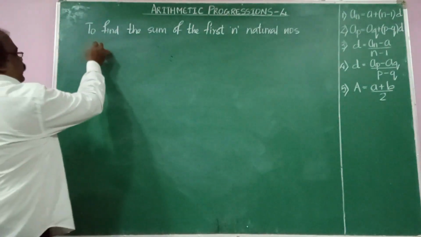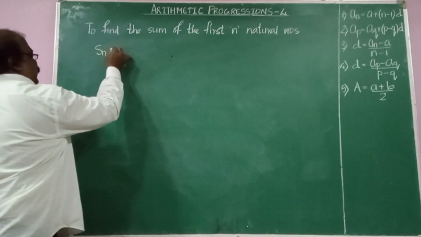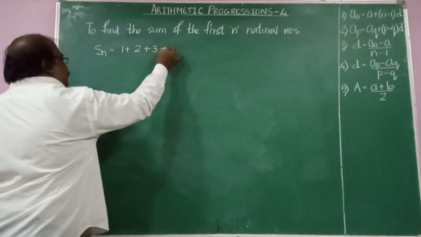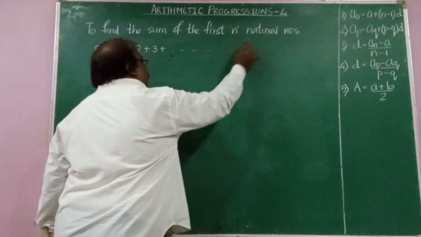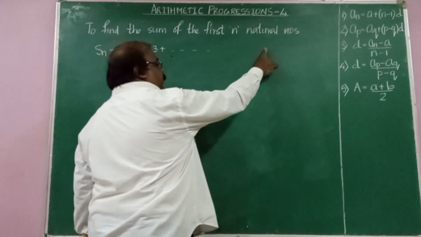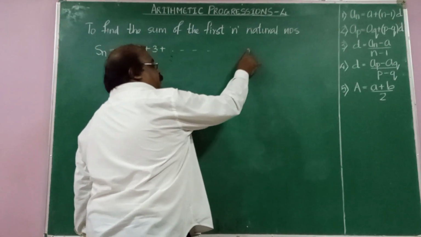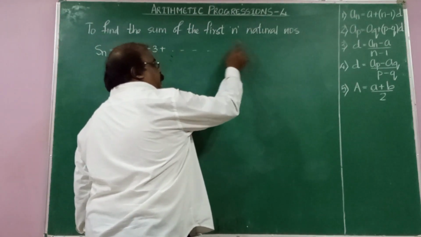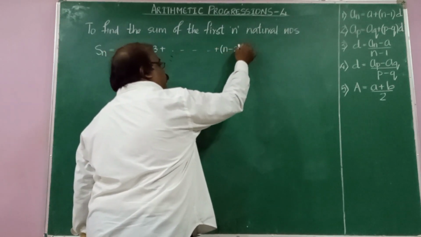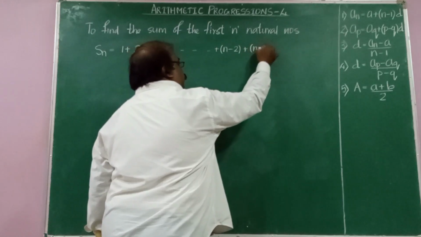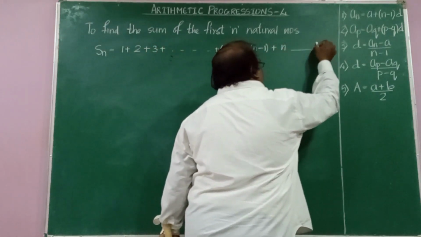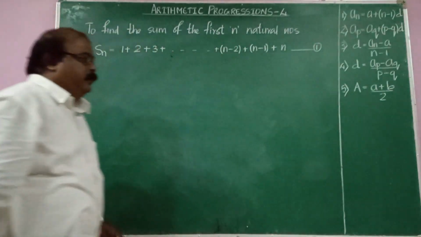Now what is the sum of the first n natural numbers? Sn is equal to 1 plus 2 plus 3 till n. If the last term is n, the second last term has to be n minus 1 and the third last term has to be n minus 2. I hope you have understood.